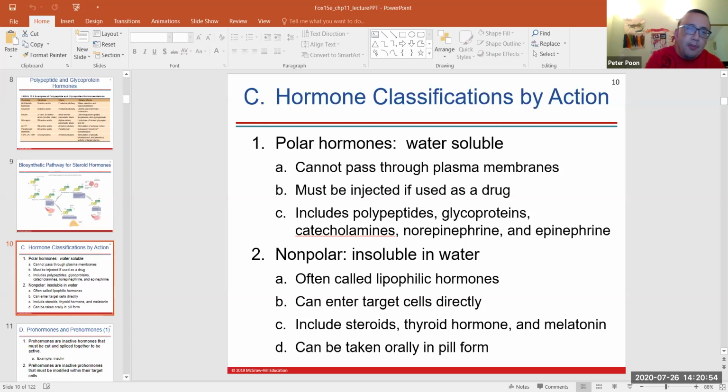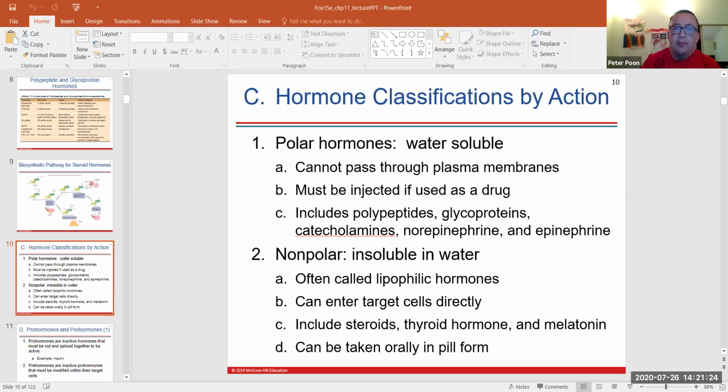You can classify hormones based on action. So they're either soluble in water or not soluble in water. And if they're not soluble in water, that means they're soluble in fat. So you have polar hormones that are water soluble, and you have those insoluble in water that are soluble in fat. That is the lipophilic hormones.